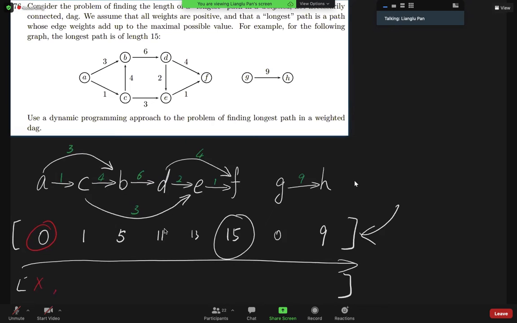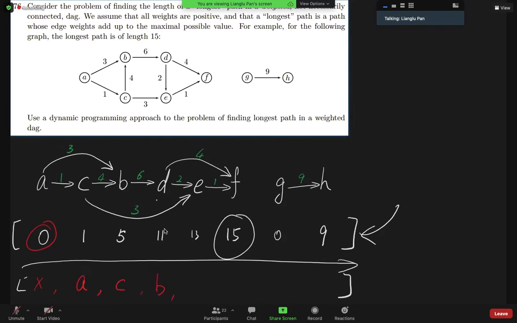And for the second node, C, we get this 1 because we know that if we want to have a path ending at C and giving us 1 as the length, it has to be coming from A. So we're going to record A here, indicating that we are coming from A. And for node B, we get this 5 by coming from C. So we should record C here, indicating that the path ending at B, giving us length equals to 5, must be from node C. Again, for node D, we should record B as its previous node.